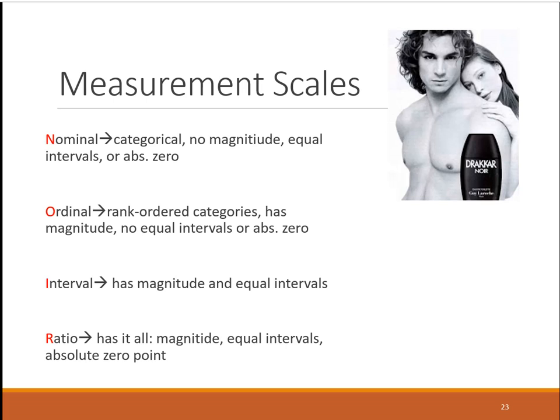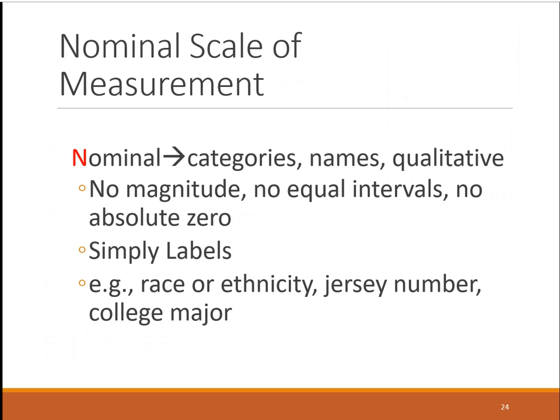So let's quickly take a look at some examples. Nominal: something like race or ethnicity, gender or sex. Jersey number, so the number on a jersey, probably doesn't represent more of something. It's just a label, even though it is a number, so that could be considered nominal.